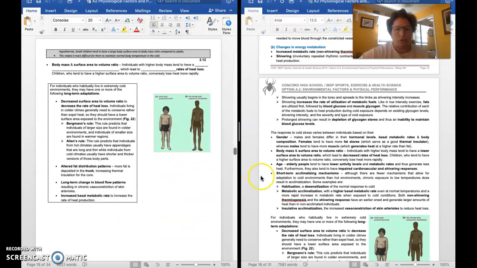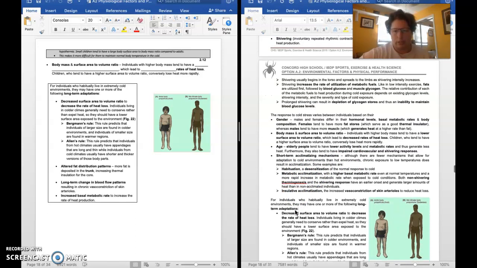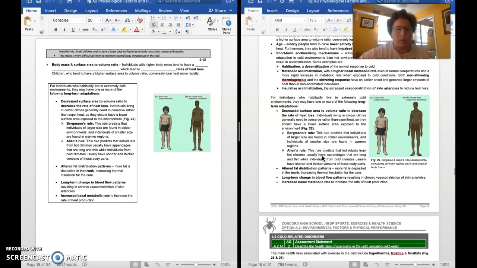So cold stress is different between individuals based on gender, body mass, age, and then short-term acclimatizing mechanisms, whether it's habituation, metabolic acclimatization, or insulative acclimatization. Okay, so those are some short-term effects. When we look at the individuals for long-term adaptations, you see changes in the body.